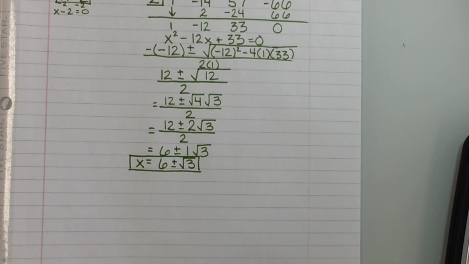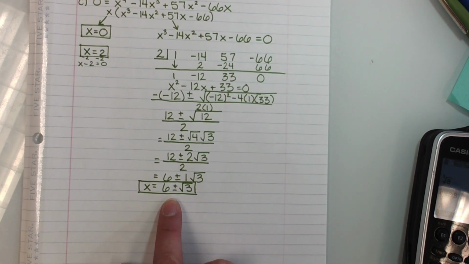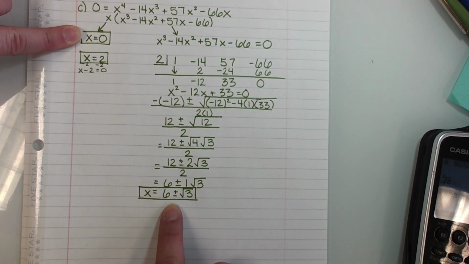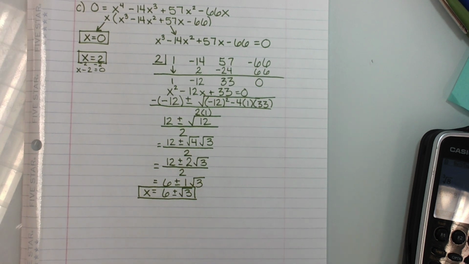How many solutions do I have on this one? How many roots? How many zeros? 4. 2 right here, the 0 from when we factored out the x, and the 2 that we got off the calculator.